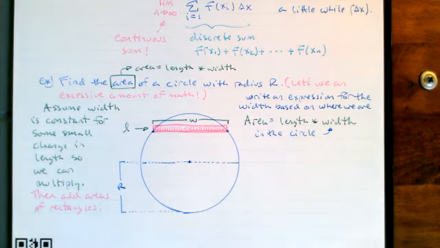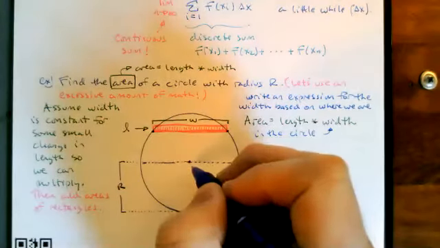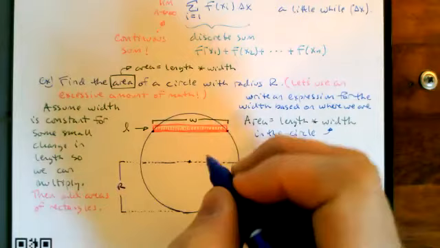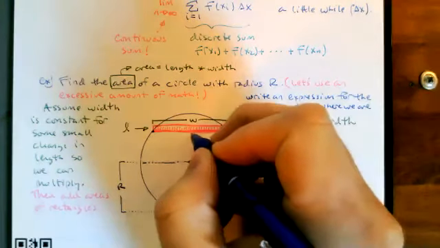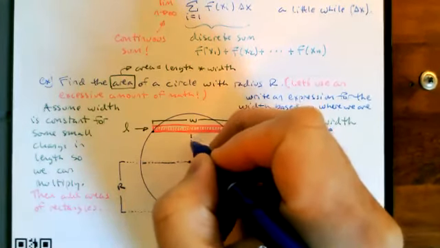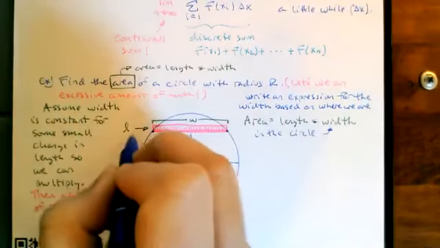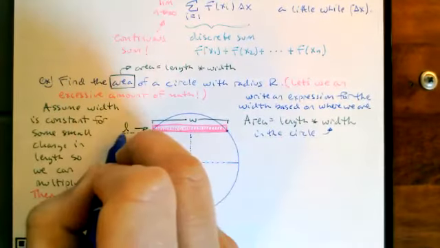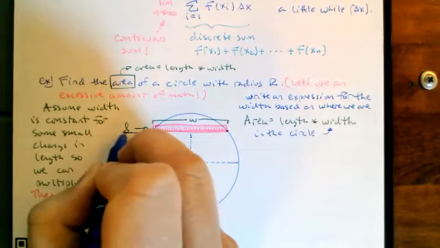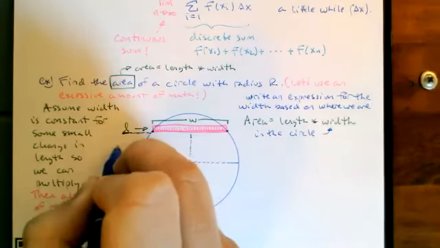So here's how we're going to measure where we are in the circle. I'm going to say that this generic strip is X units from the center of the circle. So I'm going to define my variable to be up in here. This is us identifying where we are in the circle.